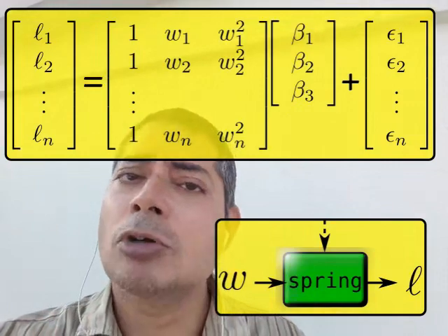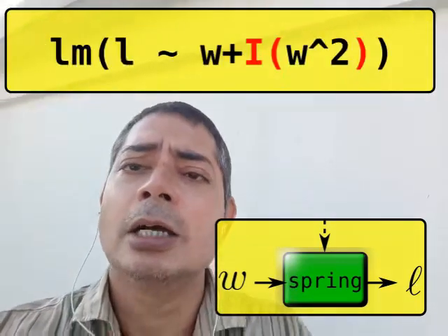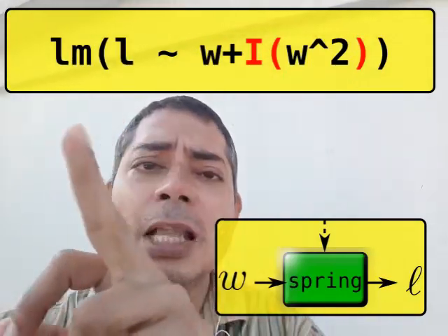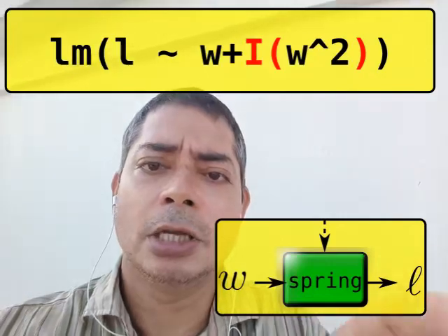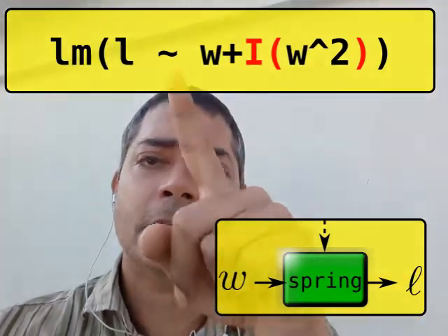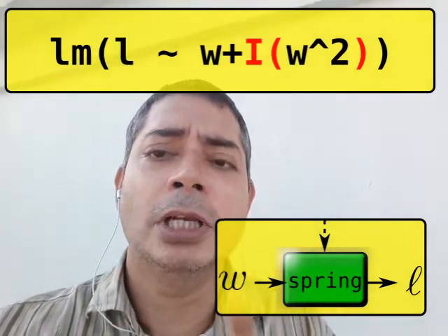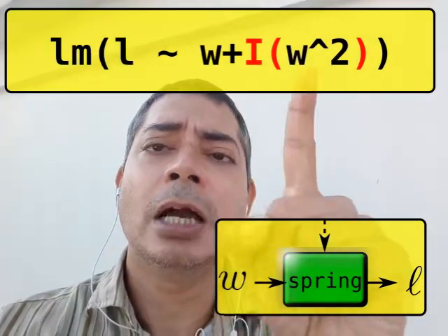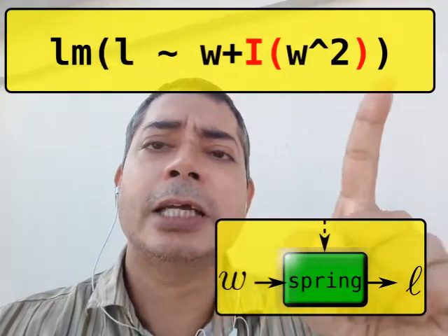Now the question is, how do I represent this inside the computer? And there this lm command will change slightly. So lm, L, that is the output, the response, tilde stands for that approximate equality, W, that is for the linear term, and then W square, but I have already told you that you need to put it inside a wrapper.